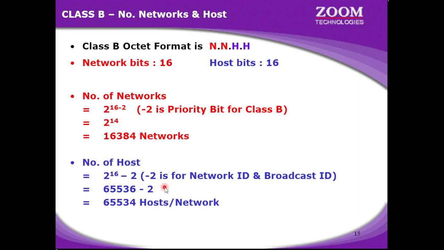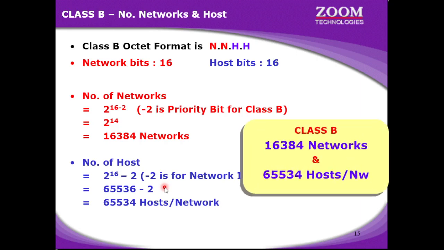Pag sinabi natin host per network, hindi po nakalimit lang po yan sa mga computer. Meron po tayong router, meron po tayong mga servers. Okay, so yan po yun. So ganyan kadami po yung network natin at ganyan 65,000 po yung pwedeng i-connect natin ng mga devices per isang network for class B. Okay?